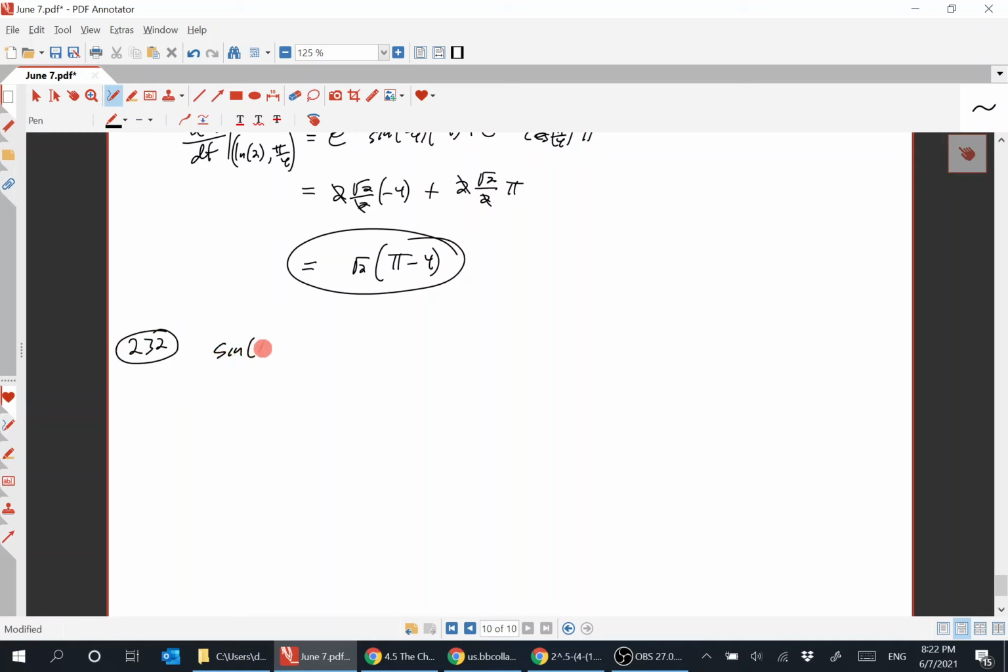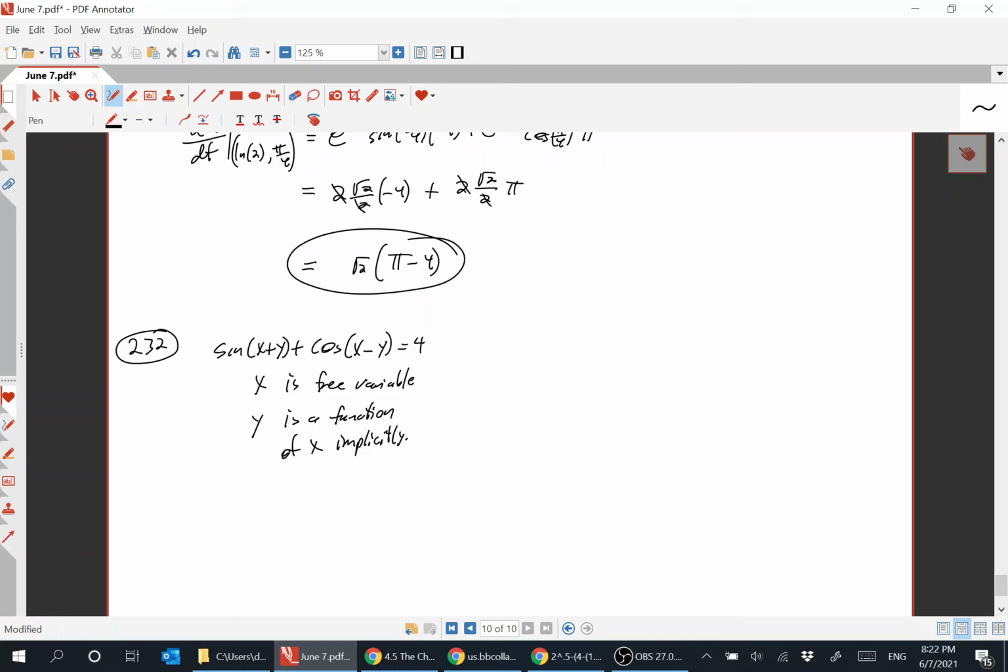Okay, so in this one, x is the free variable and y is a function of x implicitly.